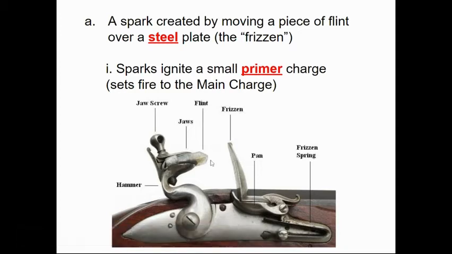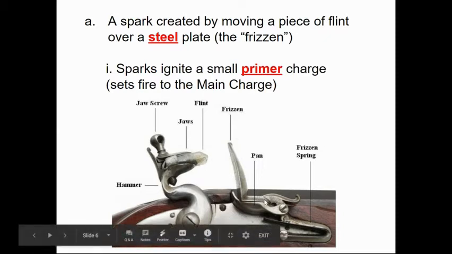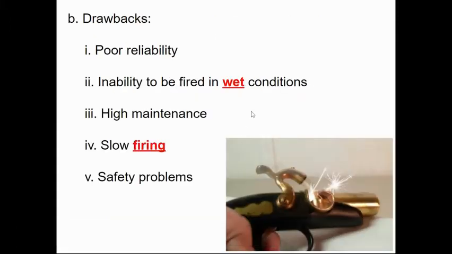In the case of a matchlock, they would literally light a fuse here, and then that would be brought down to touch this and ignite it. So you can imagine there's some problems with this. Imagine that you're hunting or in wartime, you have bad conditions and it's raining and that material gets wet.